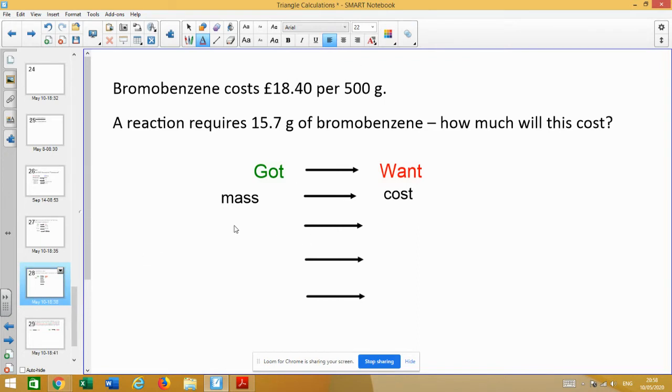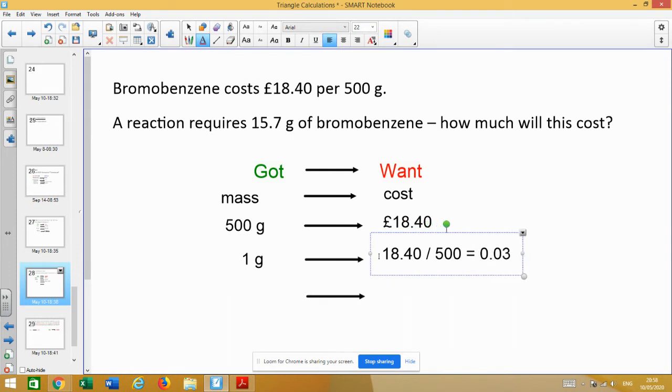So the ratio of mass to cost we have so far is that 500 grams will cost £18.40. Now, if we go down to 1 gram, to work that out, we would do 18.40 divided by 500, which gives us 0.0368.